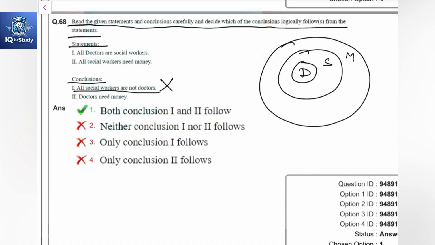It is false, because some social workers are doctors and doctors need money, which is true. So only conclusion 2 follows. Here conclusion 1 may be definite or may not be definite.